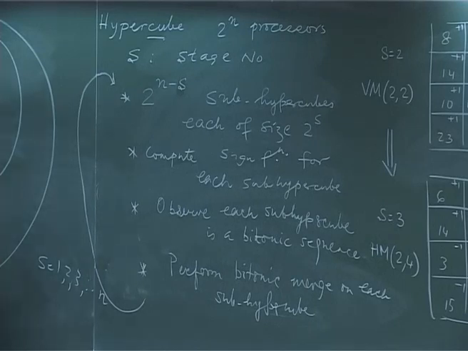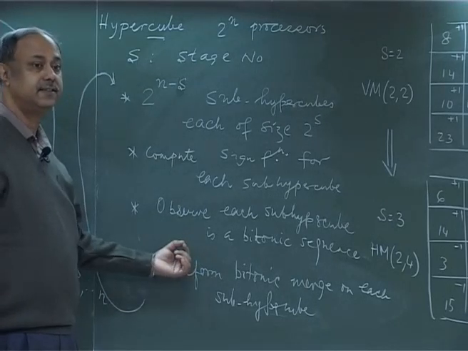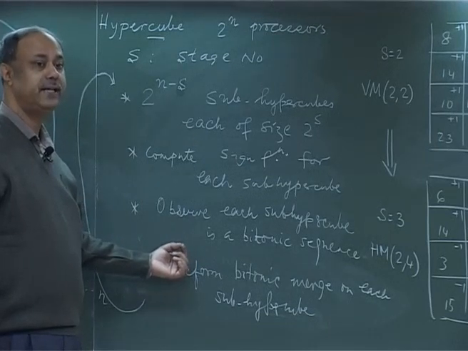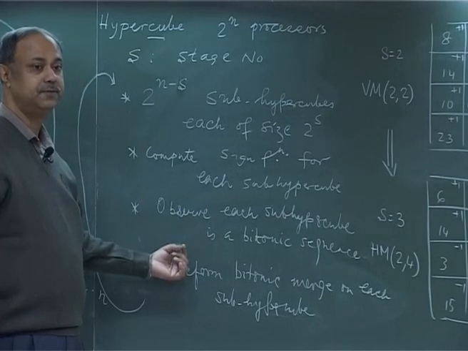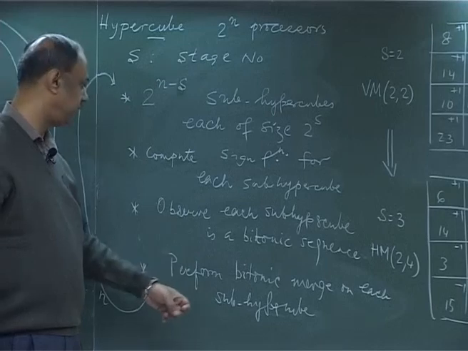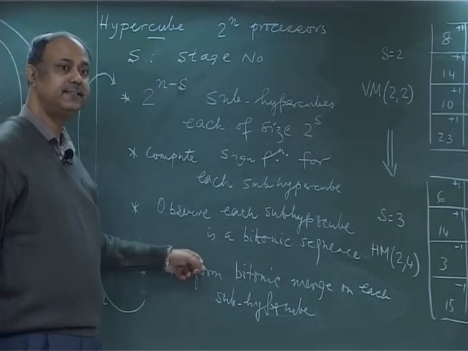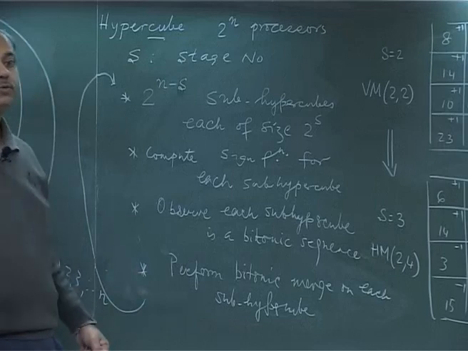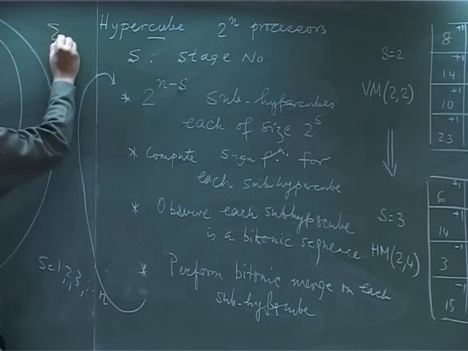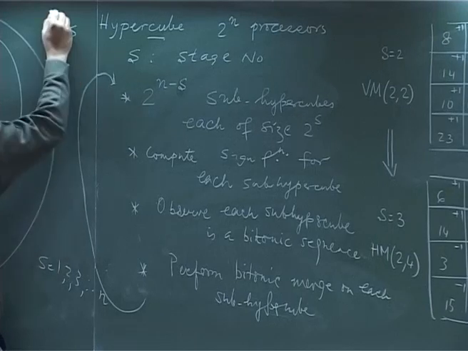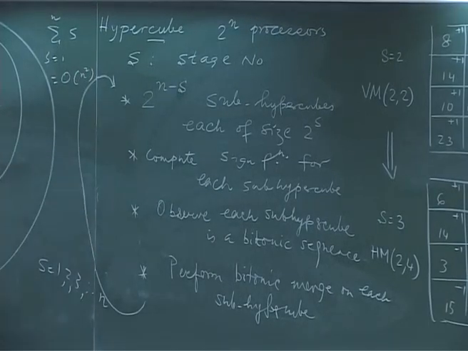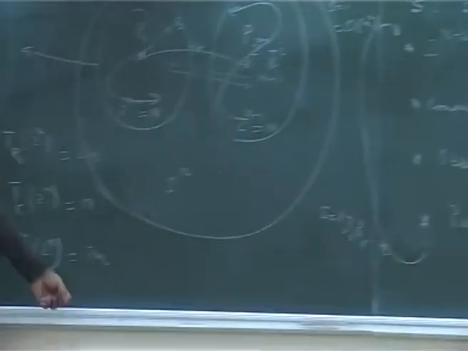This is stage S. So, summation over S is 1 to n. So, you get n into n plus 1 divided by 2, which is order n square. S varies from 1 to n. So, you will be writing summation over S is 1 to n, which is order n square. Similarly 2S and all those things.